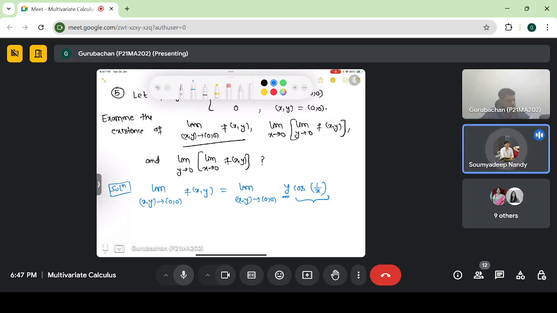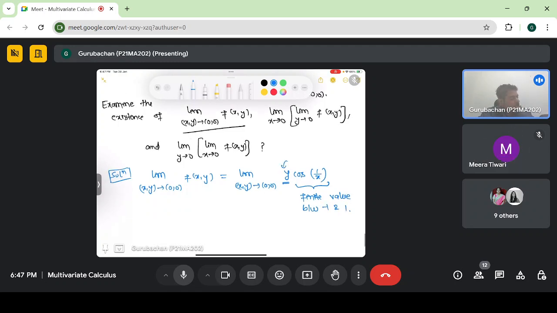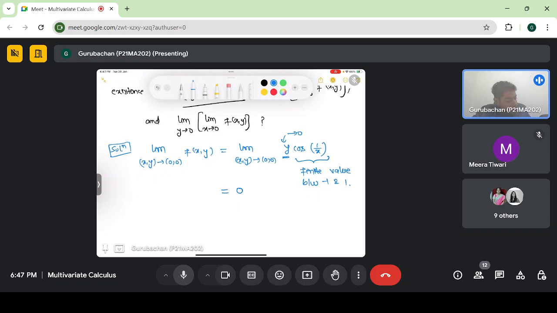The range of the cos function is between minus 1 and 1. Correct. So it is a finite value between minus 1 and 1, and the multiplying part is tending to 0. Since it tends to 0, the result will be 0, because 0 into any finite value is 0. So now we can show the existence of the limit of f(x,y) minus 0.